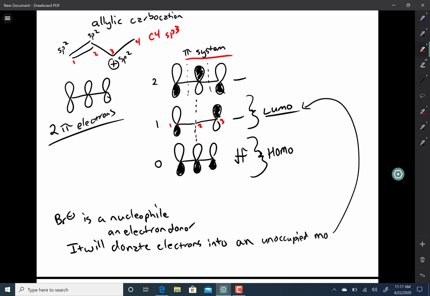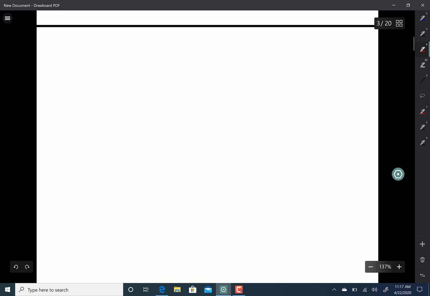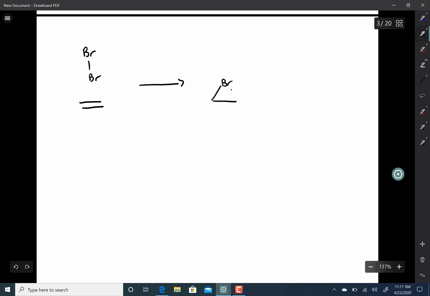Can you have molecular orbitals of sigma systems? And the answer is, of course you can. To give you an example of another reaction, to use molecular orbitals to describe a reaction anyways, the reaction of bromine with an alkene, the first step generates the bromonium.